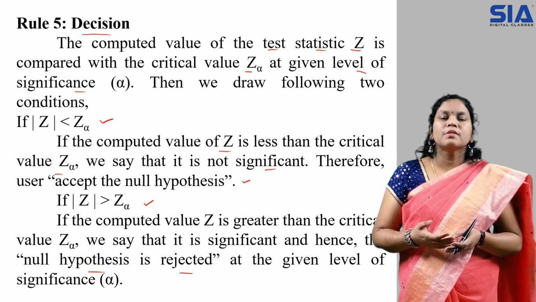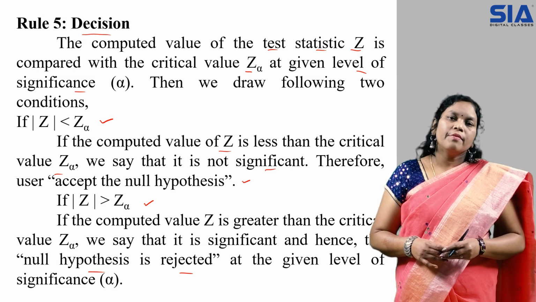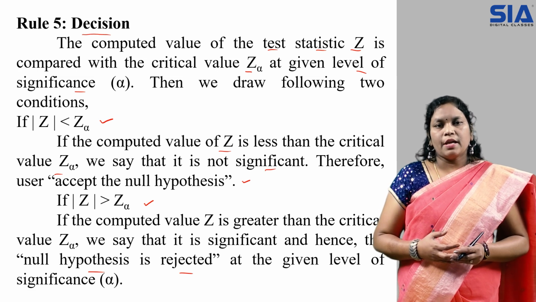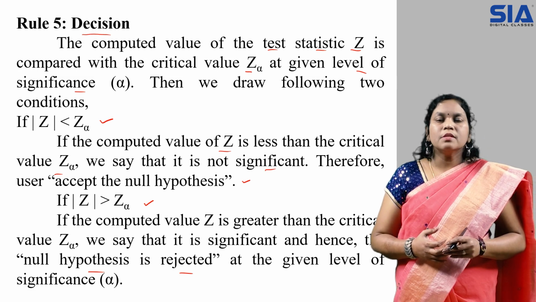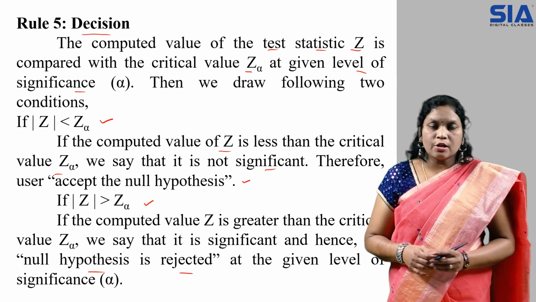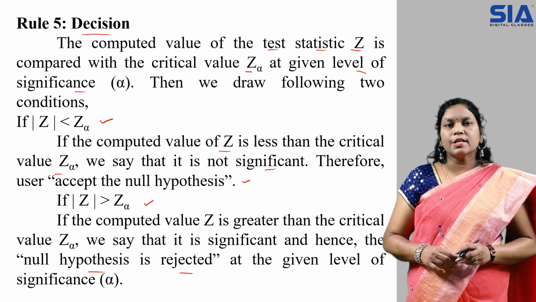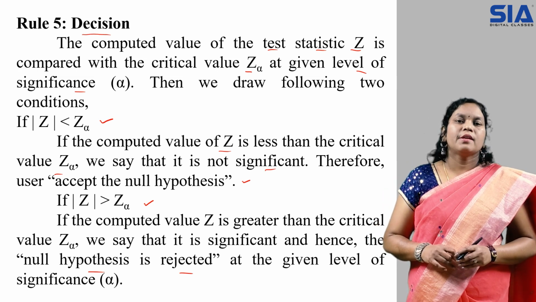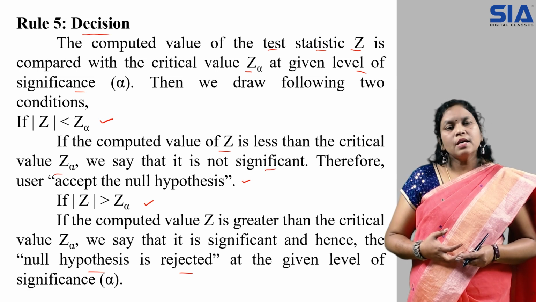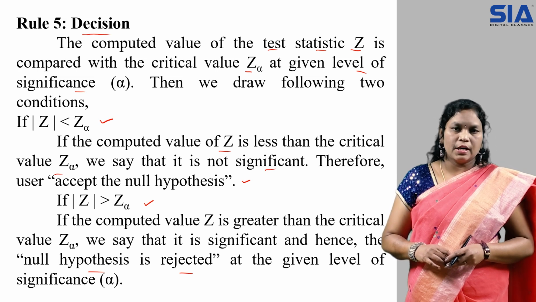So if the null hypothesis is rejected, obviously the alternative is accepted. So whenever our calculated value is greater than the table value, we reject the null hypothesis and accept the alternative hypothesis. So two conclusions we'll always get: either we accept H naught or we reject H naught. If our calculated value is less than the table value, we accept the null hypothesis. Otherwise, we reject it. That is your final conclusion.